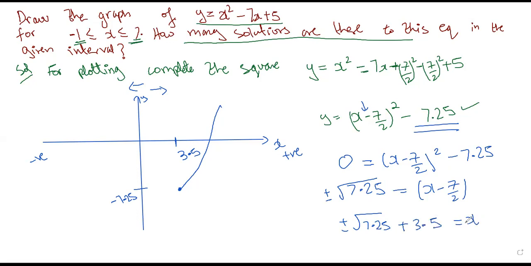One value of x would be 0.81, I have already done that, and the other value of x is going to be 6.19. So it would pass through like this.